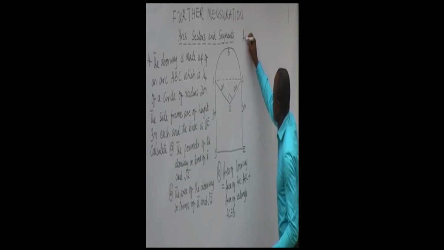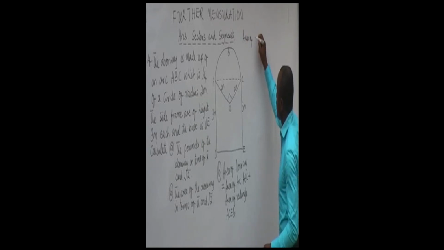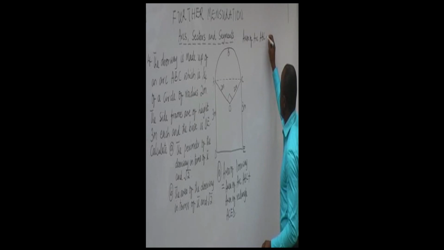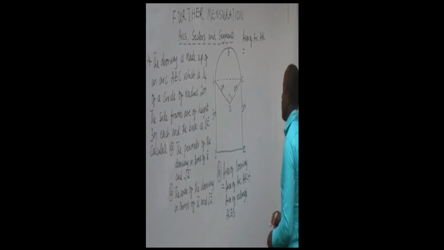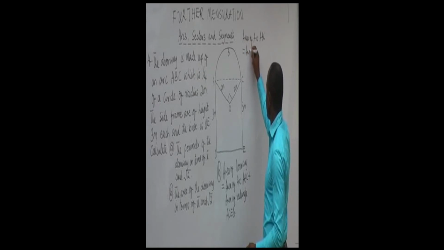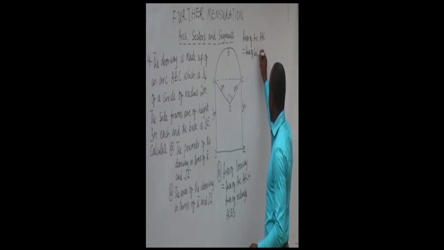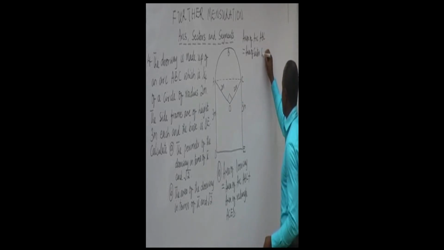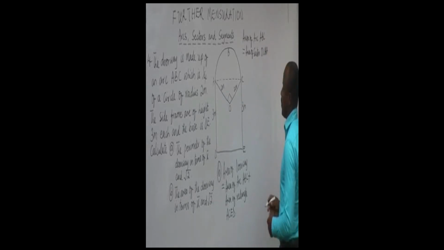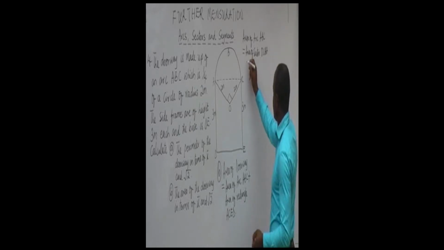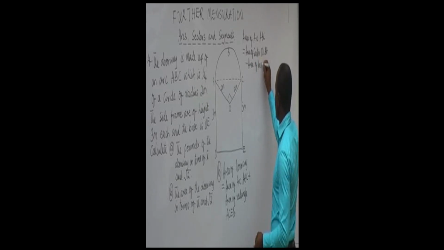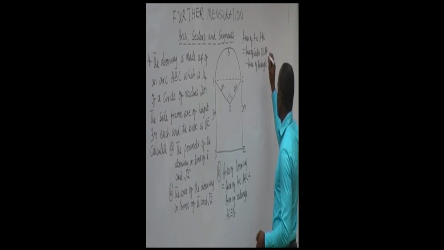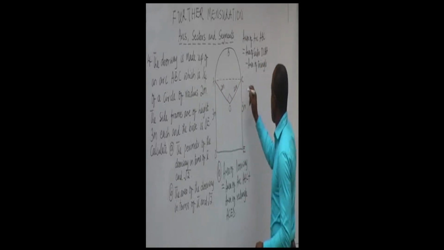Let me write it. Area of arc ABC is equal to area of sector, the whole of this sector OCBA, then minus area of triangle ACO.